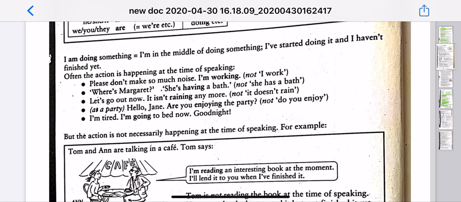Okay. Where is Tanu? She is taking care of Tejas and helping him in his studies. I am tired. I am going to bed now. Good night. I am taking rest.